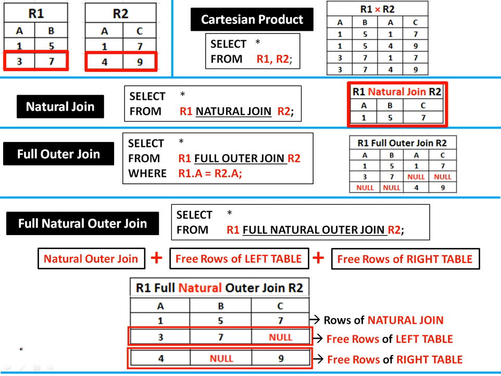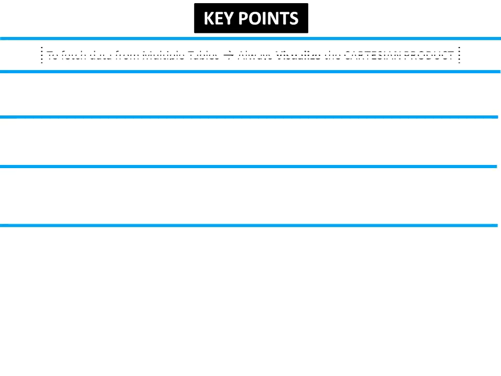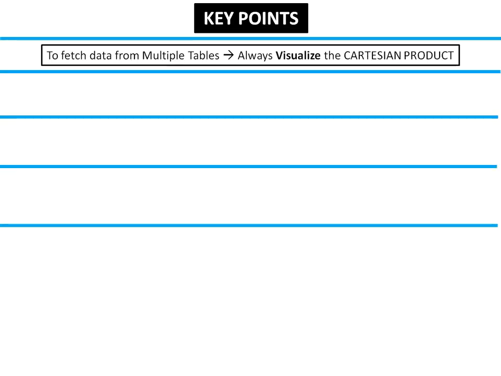Now you have to understand key points. From now on, whenever you see multiple tables, select whatever I write, it doesn't matter, from, for example, R1, R2, R3, R4. If I write 4 tables with where condition, please never ever say I joined 4 tables.